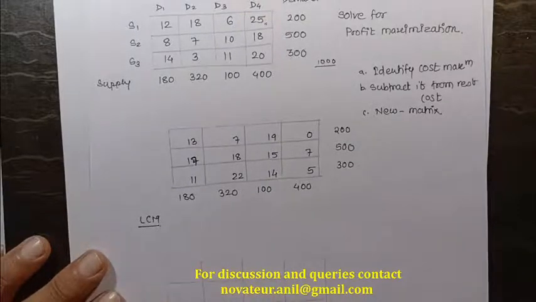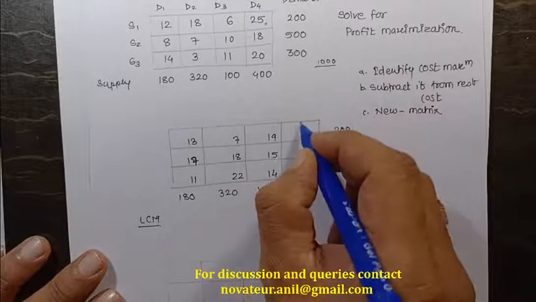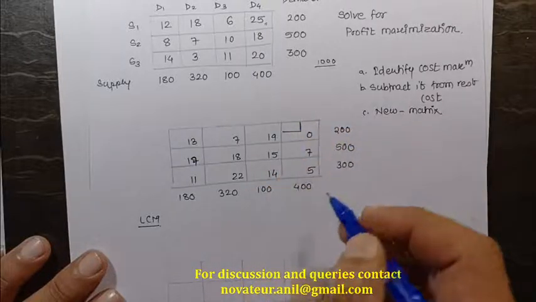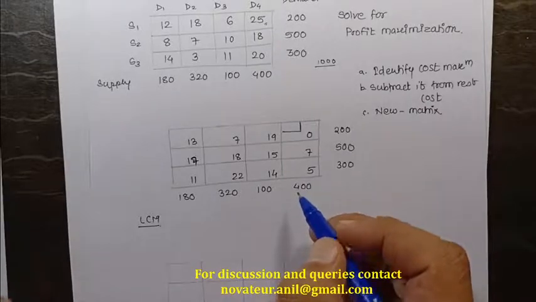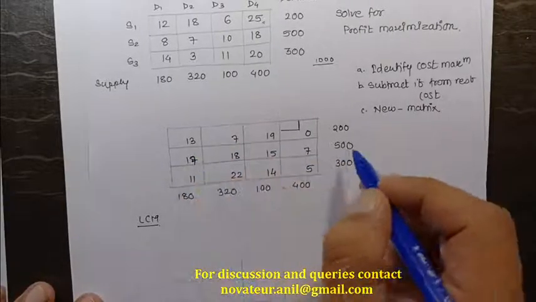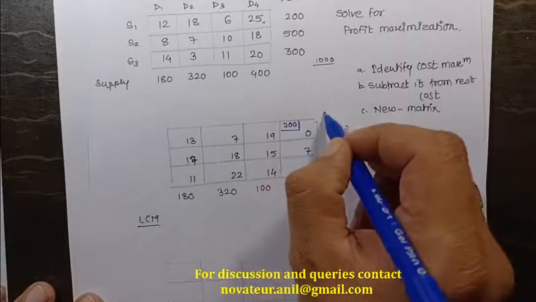For LCM, it's very simple. I'm going to identify the smallest value, which is nothing but 0. So I'm going to assign this particular cell 200 on the demand side.